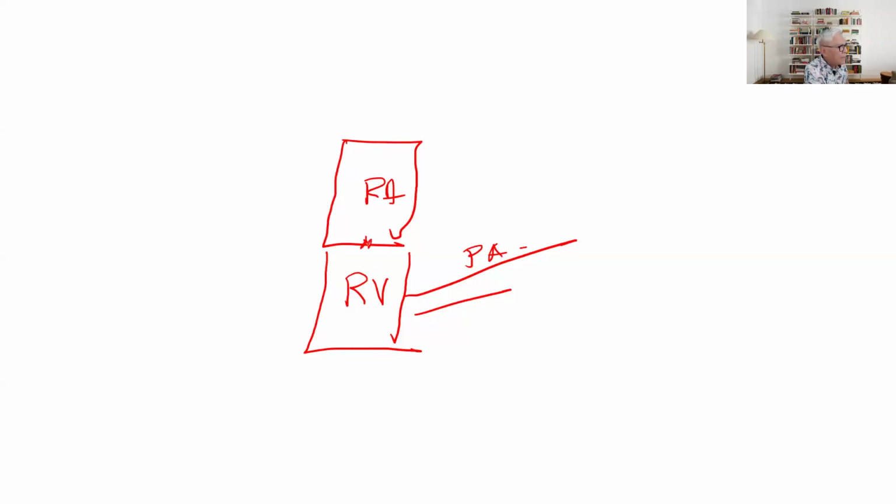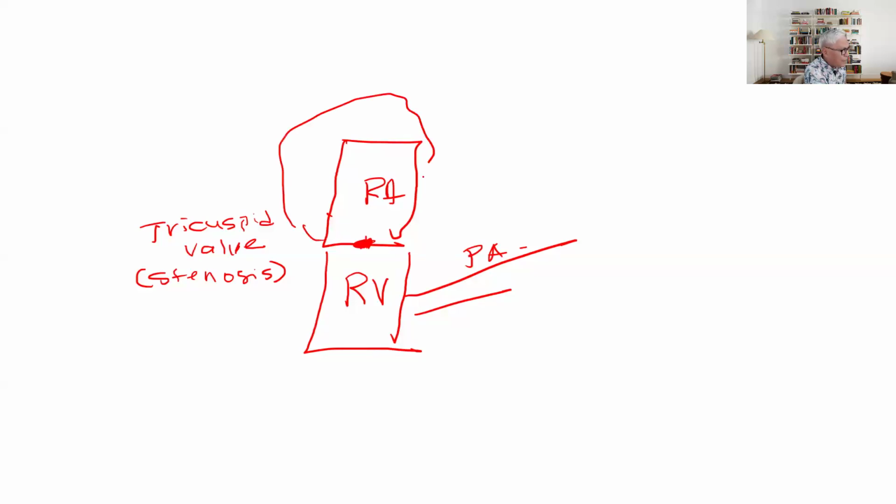If we have a narrowing of the tricuspid valve, also known as stenosis, what is going to happen? You're going to have congestion in this area because the blood in the right atrium cannot readily go through into the right ventricle. So a tricuspid valve dysfunction would be a common reason for right-sided heart failure.